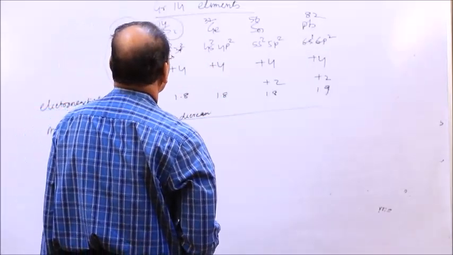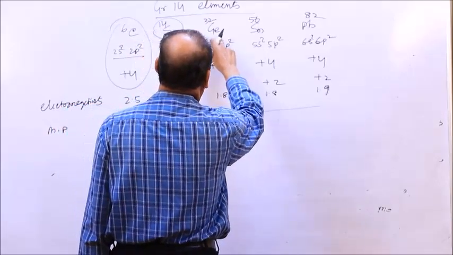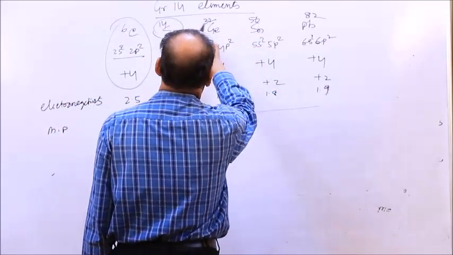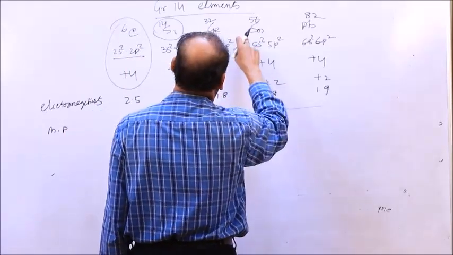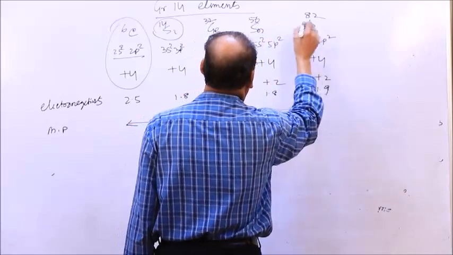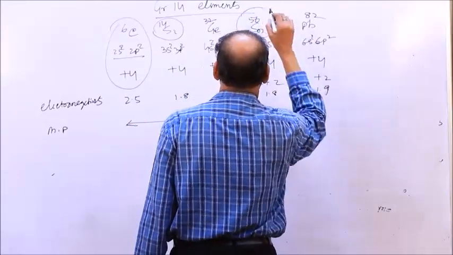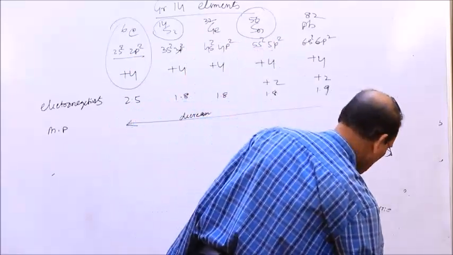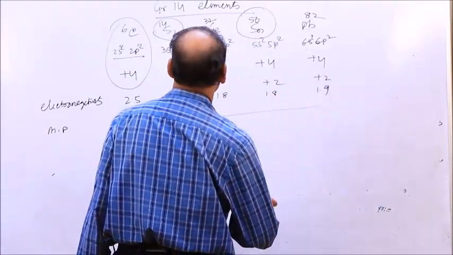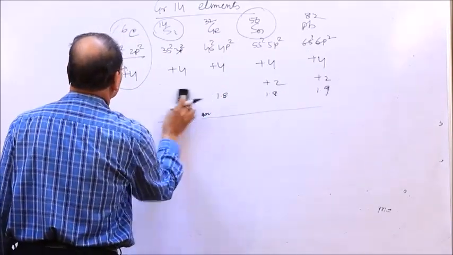Germanium is also included among the metalloids, and tin and lead are metals. Tin is a soft metal, and it has many useful applications.